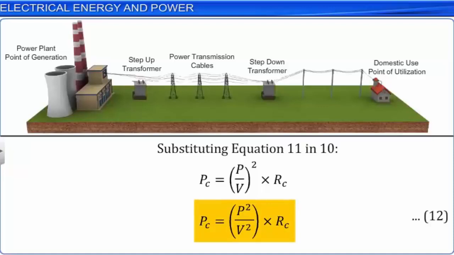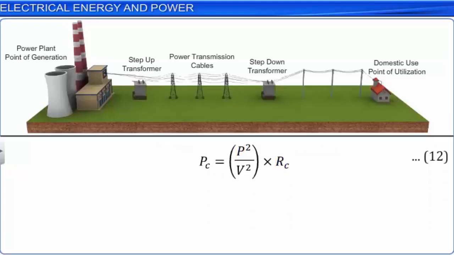In equation 12, we can say that the values of power P generated at source and the resistance RC of the cable are constants. Therefore, it implies that the power loss by the cable PC is inversely proportionate to the square of the voltage generated.